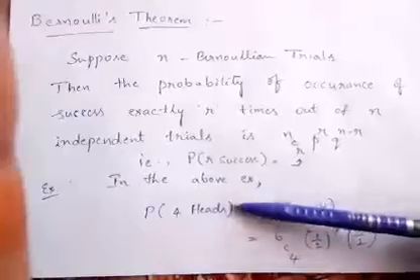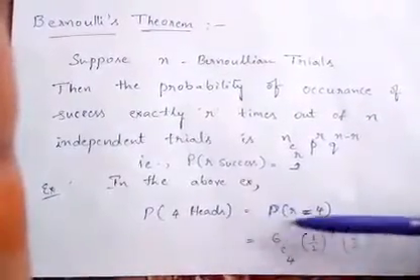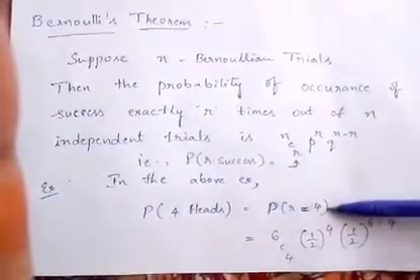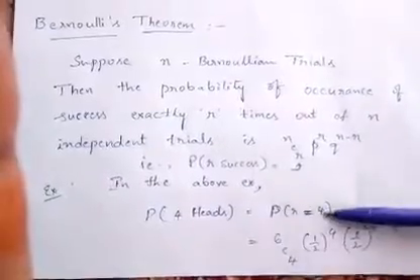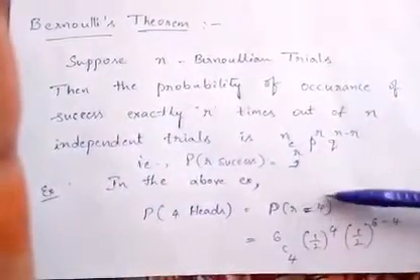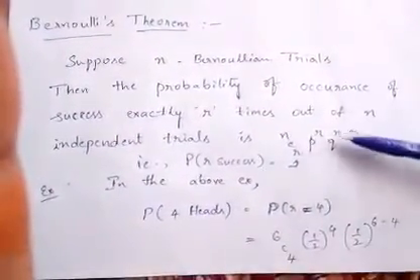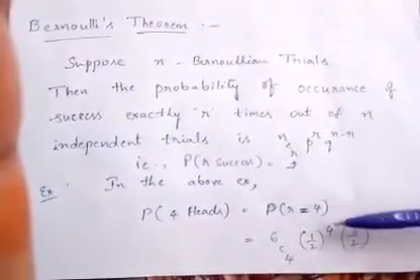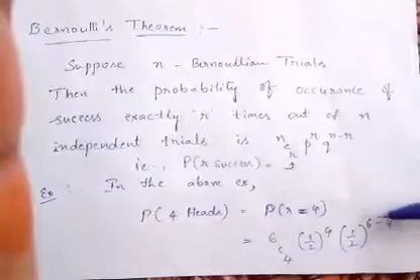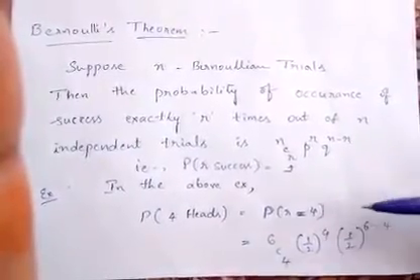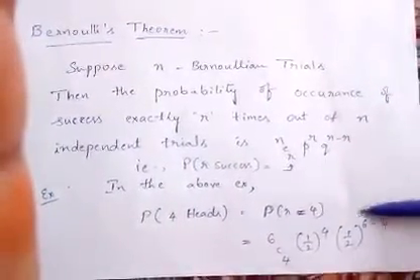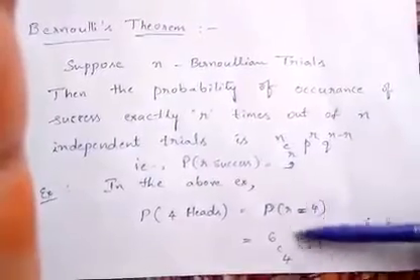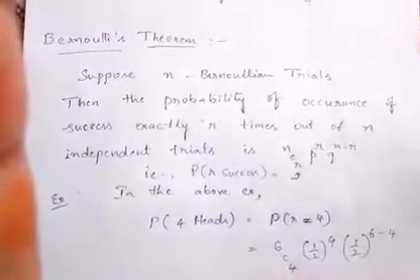By Bernoulli's theorem, the probability for r equals 4 is 6C4 times (1/2)^4 times (1/2)^(6-4), with p equal to 1 by 2 and q equal to 1 by 2.